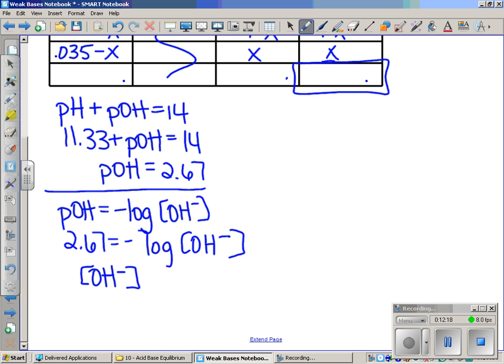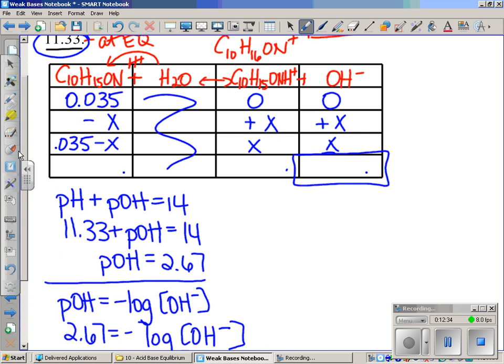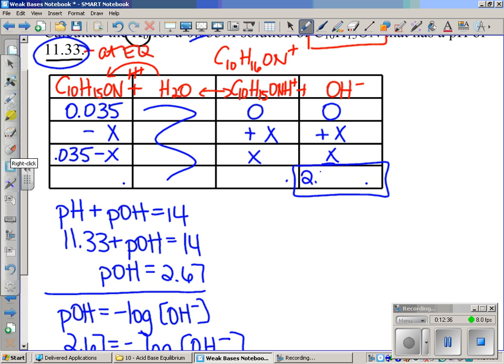As we learned before, we're going to move that negative over and hit inverse log. So you hit the second button and then the log button and put in negative 2.67, and you get an OH minus of 2.138 times 10 to the negative third. Okay, so that's the concentration of the OH minus.